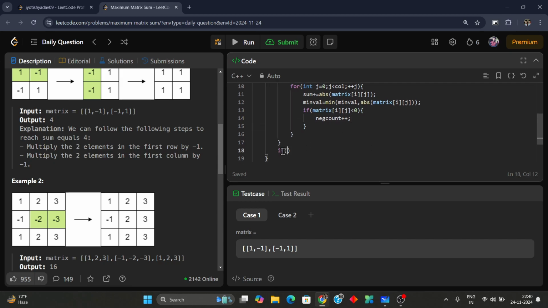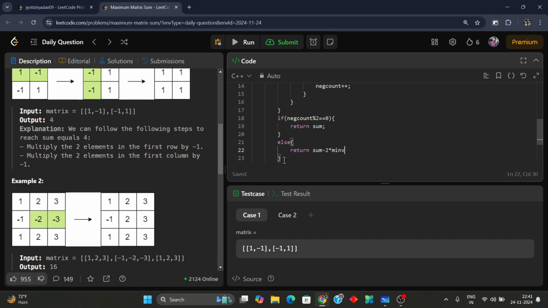And now we will check if our negative count is divisible by 2, then it is even. And as you know, for even we will just return the sum. And else we will return sum minus 2 times the min value.